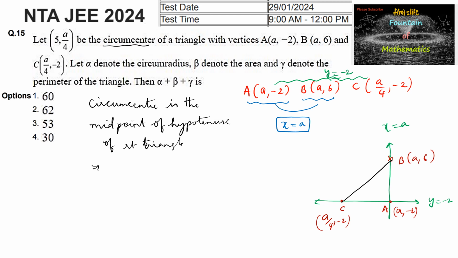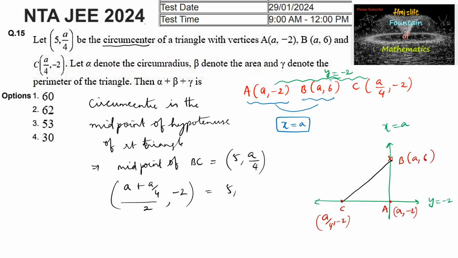So this implies the midpoint of BC is equal to phi comma a upon 4, and here the midpoint is a plus a upon 4 divided by 2 comma 6 minus 2 upon 2.